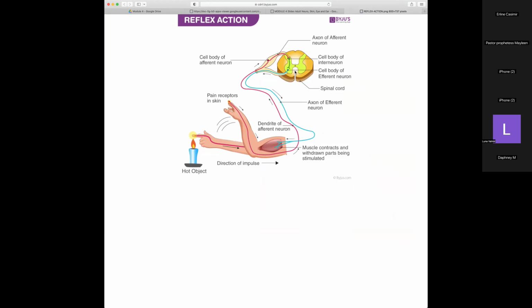The spinal cord is going to send the information to the brain and say, hey, the thermal receptors in the fingertips of our person have touched something too hot. The brain is going to send a signal back down the spinal cord through the nerves. The nerves are going to innervate the muscle, and the muscle is going to lift the hand up.